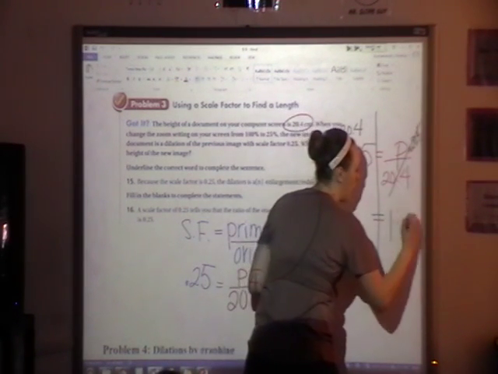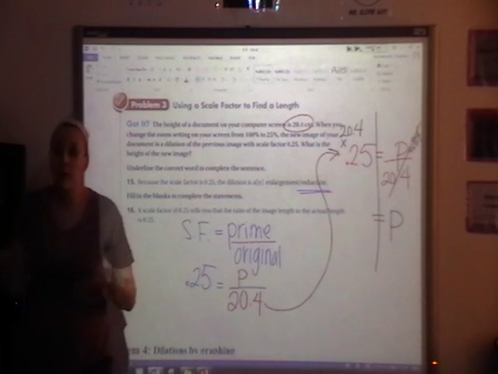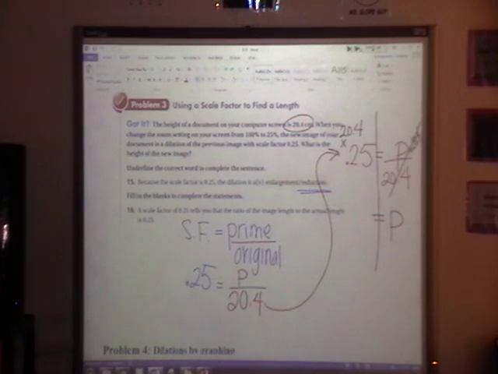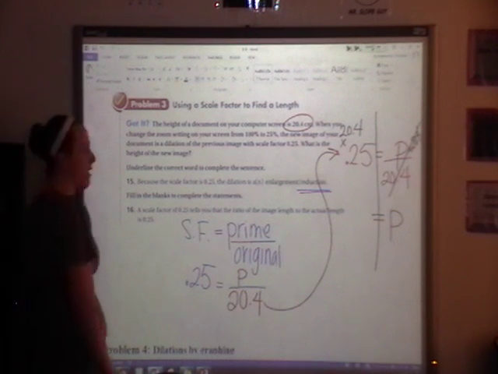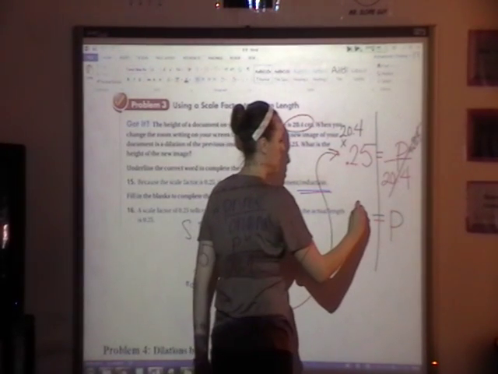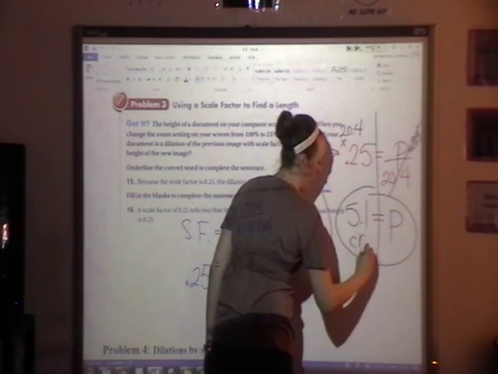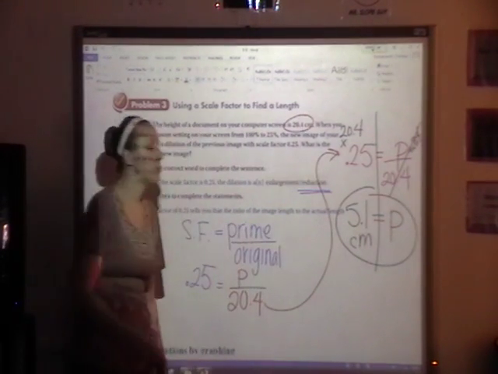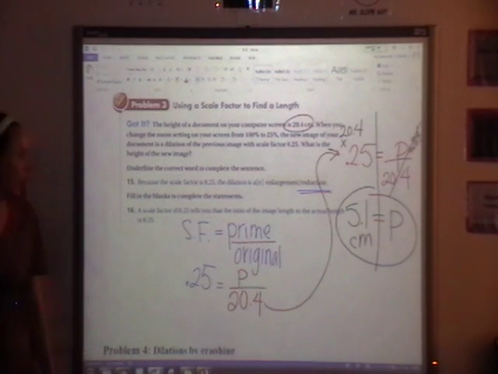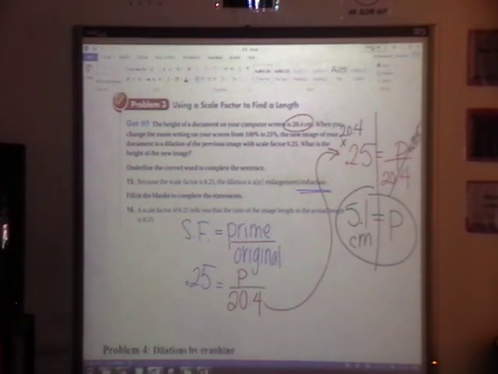So my 20.4s cancel. I'm left with my prime, what I ended up with. 20.4 times 0.25. So my document becomes 5.1 centimeters.